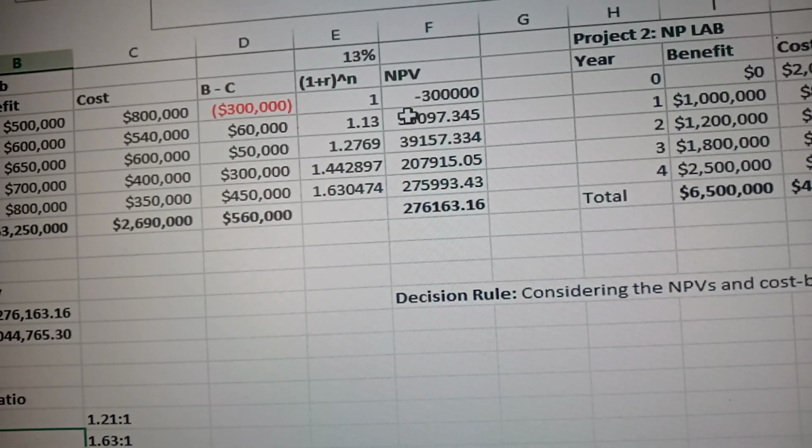Now, the next column is the net present value of all the values in column D. All these are supposed to be divided by the discounting factor, which will give you the NPV for each period.